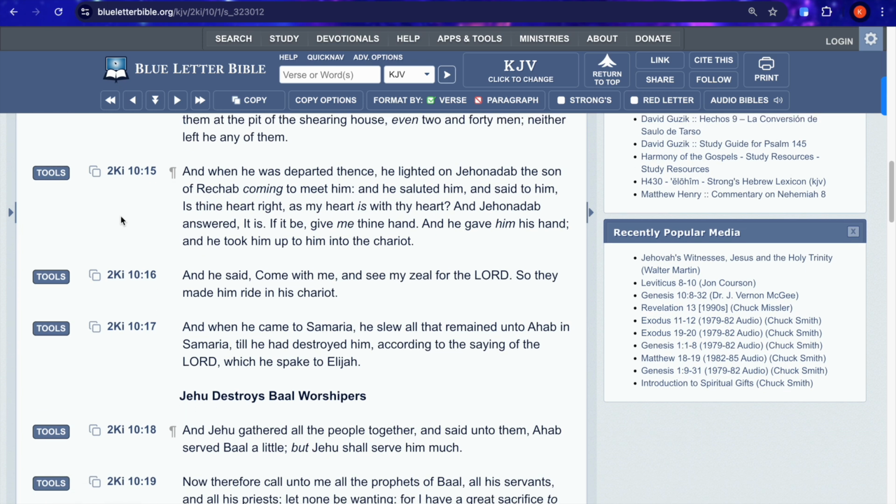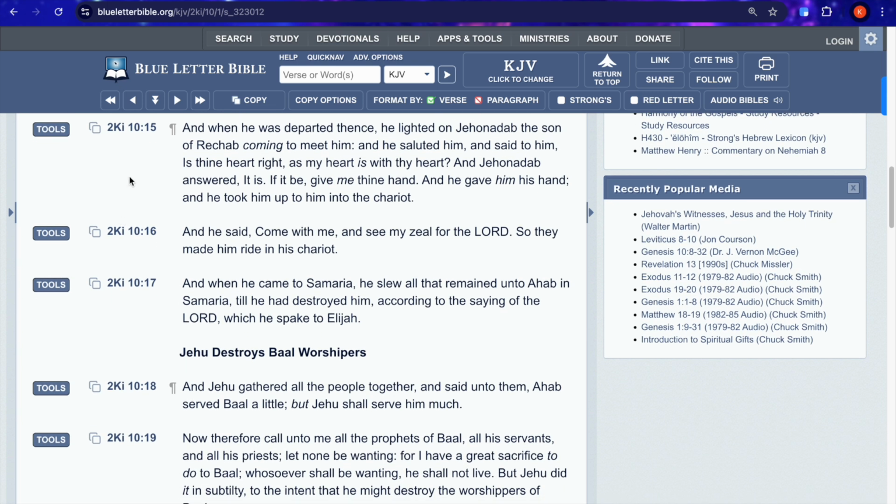And when he was departed thence, he lighted on Jehonadab, the son of Rechab, coming to meet him. And he saluted him, and said to him, "Is thine heart right, as my heart is with thy heart?" And Jehonadab answered, "It is."